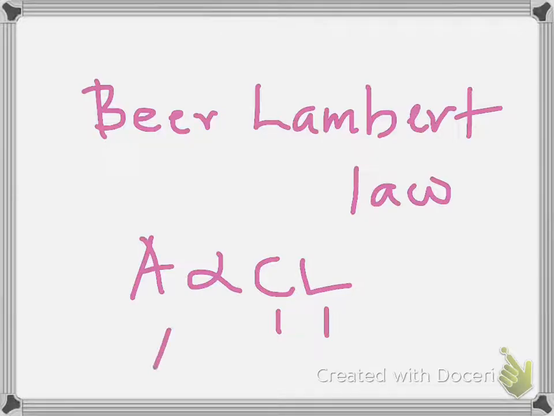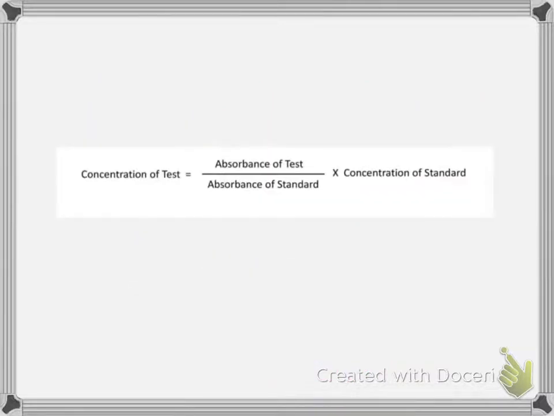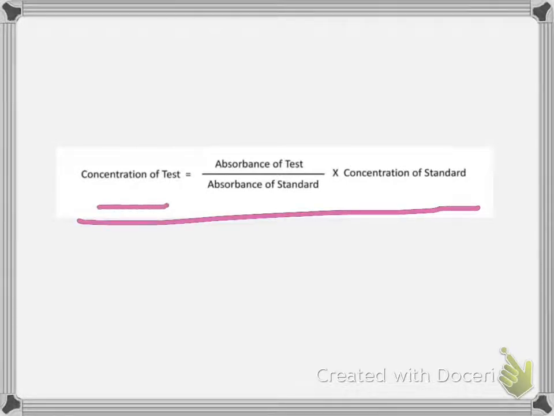We can write this as A equals epsilon C L, where epsilon is the absorption coefficient. If the path length is the same, that is, if we are using the same cuvette, we can use this equation to find the concentration. Concentration of test equals absorbance of test divided by absorbance of standard, multiplied by concentration of standard.